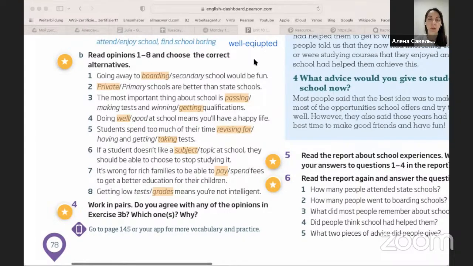Doing well at school means you have a happy life. Oh, I disagree with this sentence. I know a lot of people who are doing badly at school, and they are really happy.